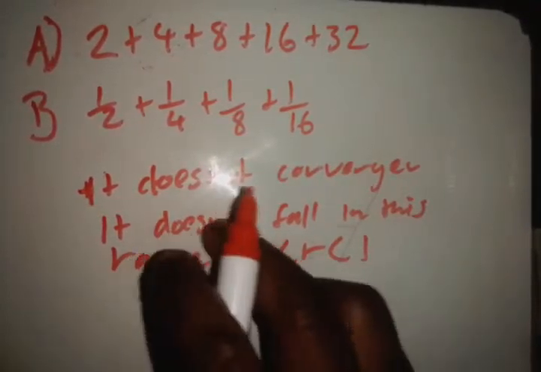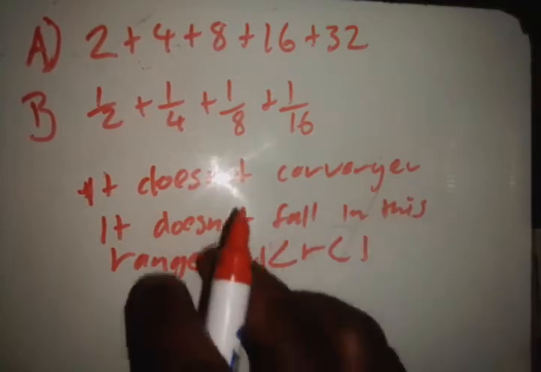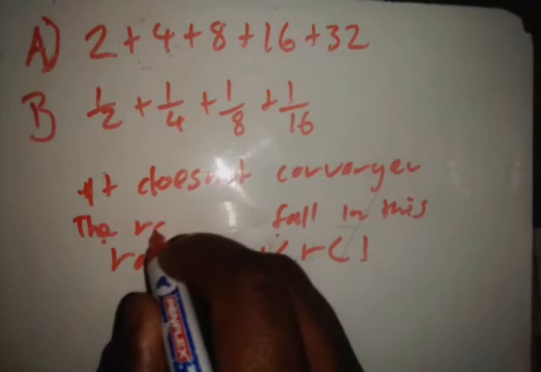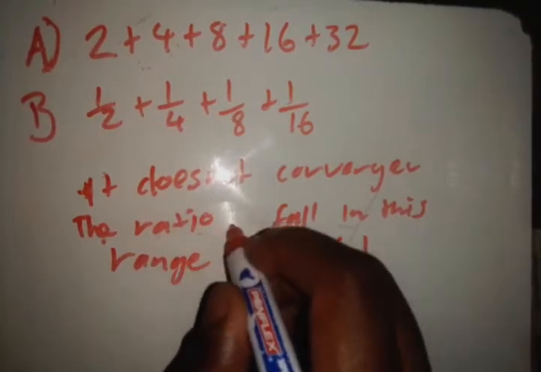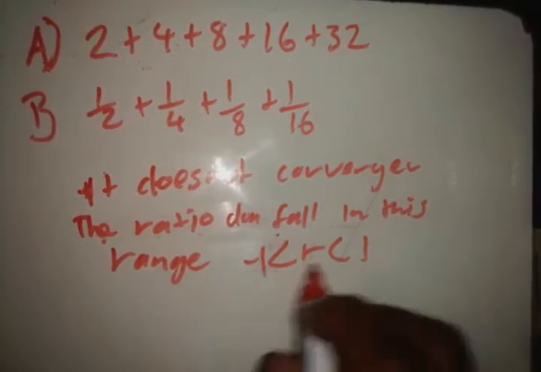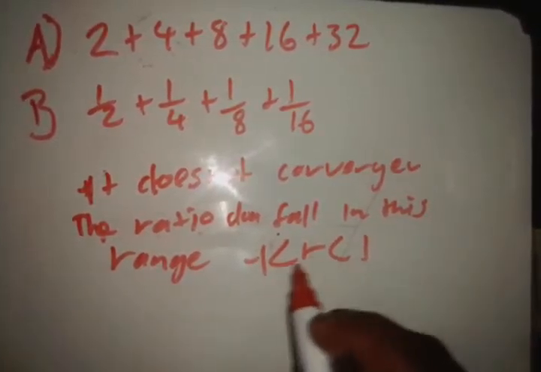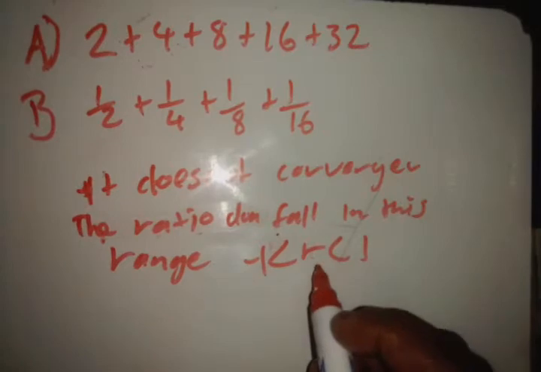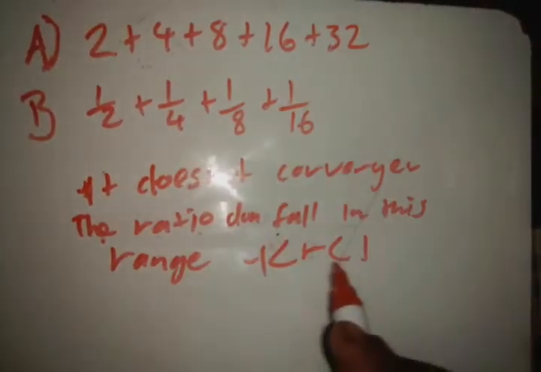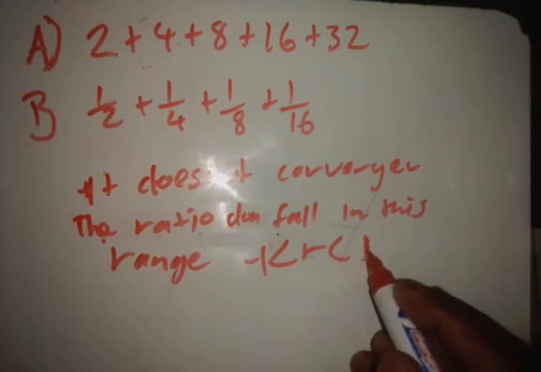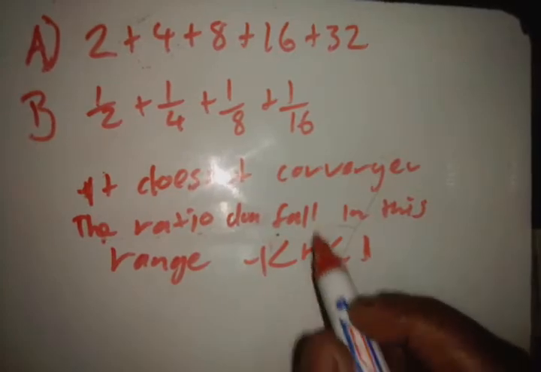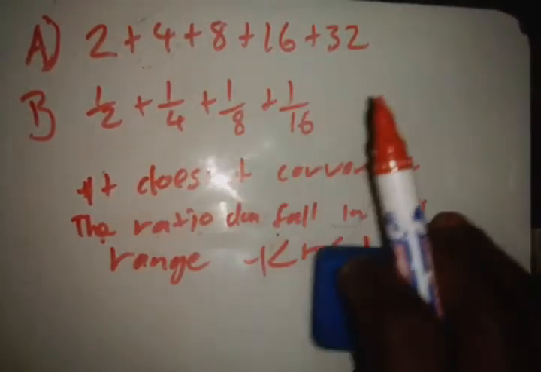You'll actually say the ratio does not fall in this range. So it has to be in this range. When it's in this range, meaning if it's a positive or a negative proper fraction, then it will converge. So because this is bigger than 1, even if it was 1.5, it's still bigger than 1, so it does not fall in this range, so this series does not converge.